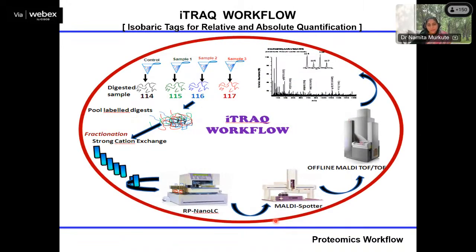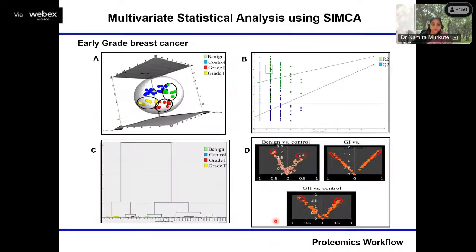Now I will skip this iTRAQ workflow. Here, after getting the identified proteins, I have submitted them to the Simca software, and then I got such a PLSDA image. So in this you can see that this blue is a control, this green is a benign breast sample, this is a grade 1 sample, and this yellow is the grade 2 samples patients.